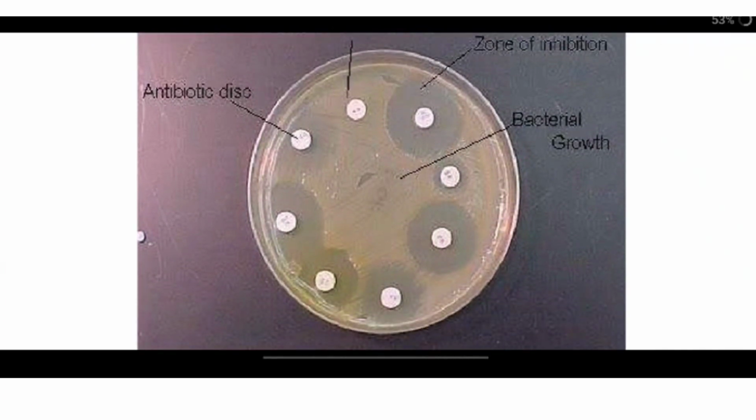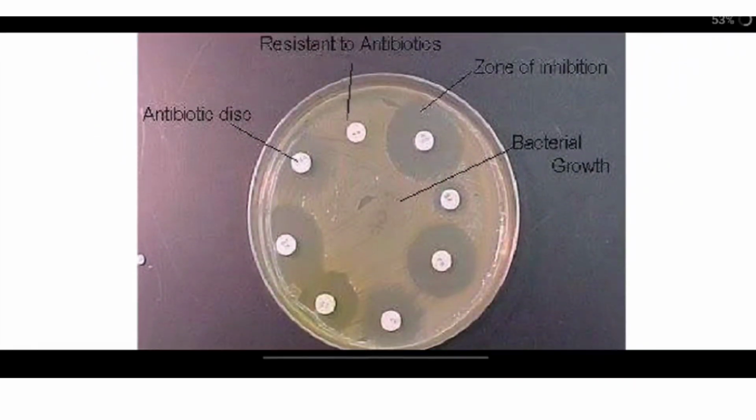So we will do the lawn culture, also called the carpet culture, with the help of a swab stick. So we do the lawn culture, place the different antibiotic discs on the plate, and incubate it overnight, or 18 to 24 hours is the incubation period. After 18 to 24 hours, we will get the result. By putting this disc, the highest concentration is near the disc and it diffuses through the media.